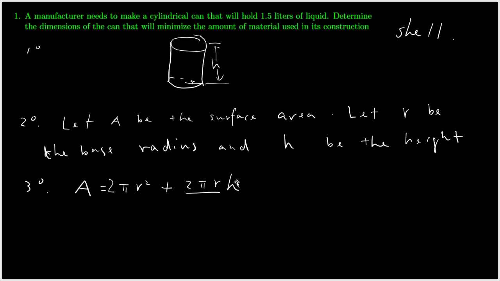You have one other condition we haven't used yet. How do you interpret this 1.5? This 1.5 is the volume, right? 1.5 liters. Liters is actually cube decimeters. Probably many of you are doing chemistry right now, or not too long ago.